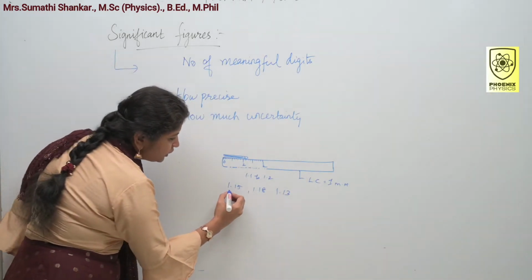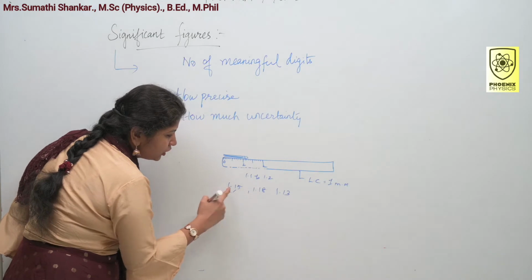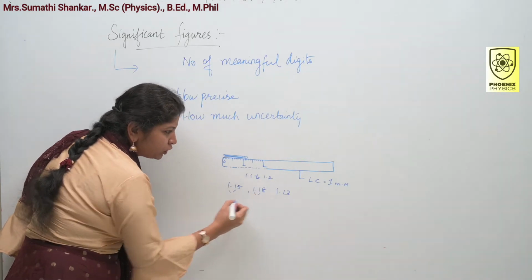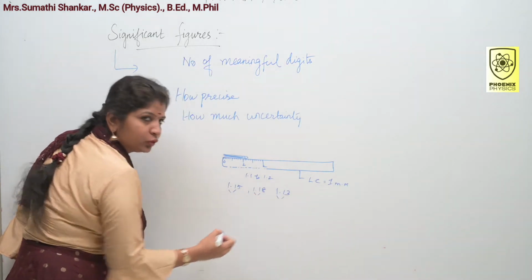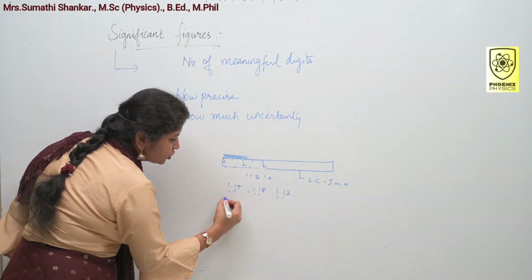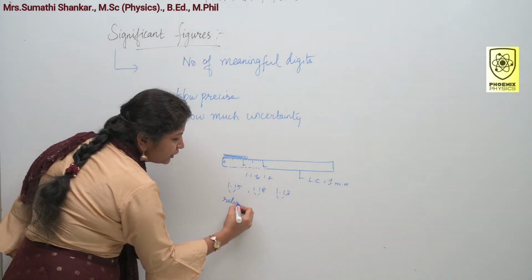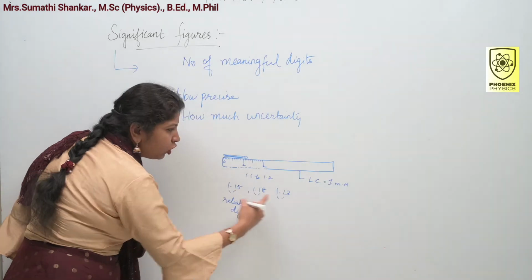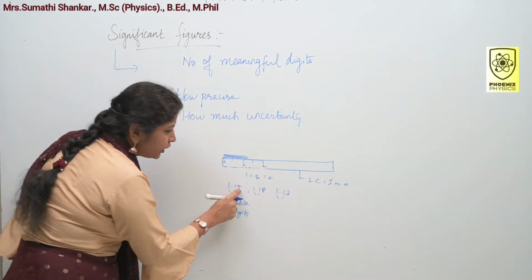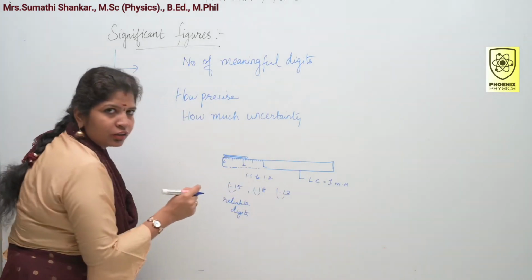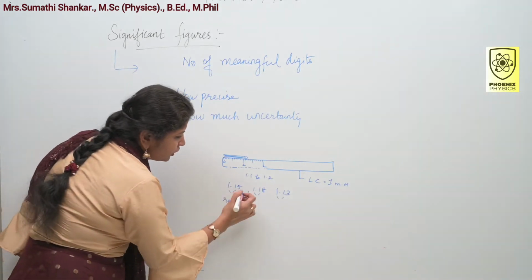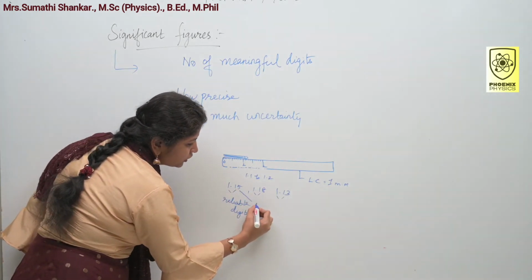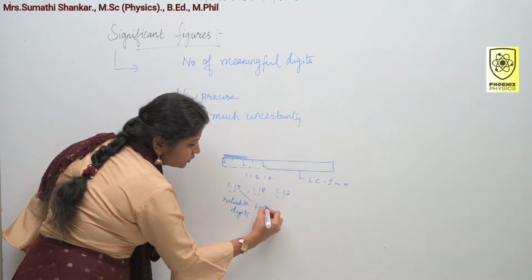Here these two readings are the same, 1.1 and 1.1. These two digits are known as reliable digits. In all the measurements the second decimal varies. So the second decimal is called the first uncertainty.